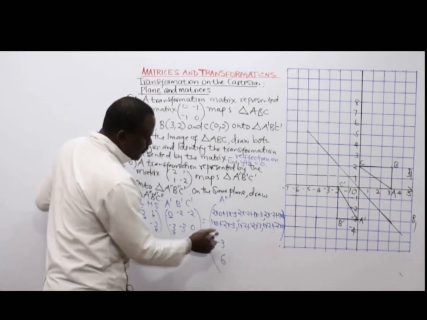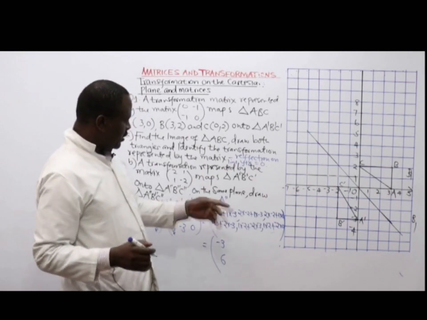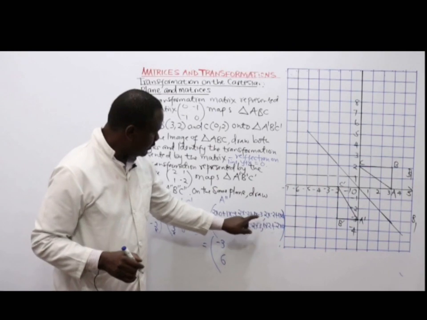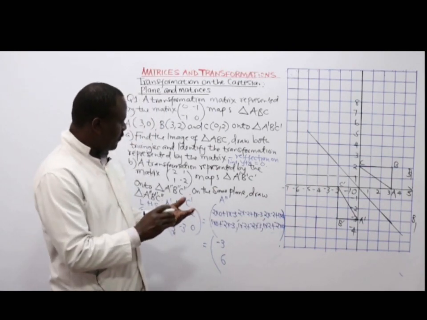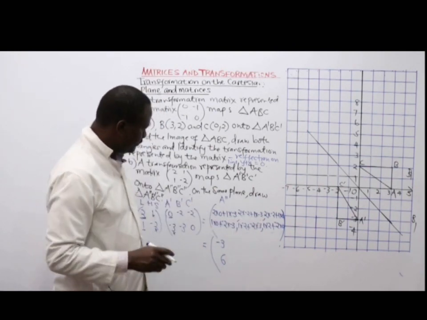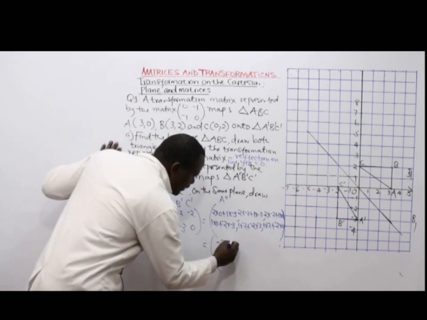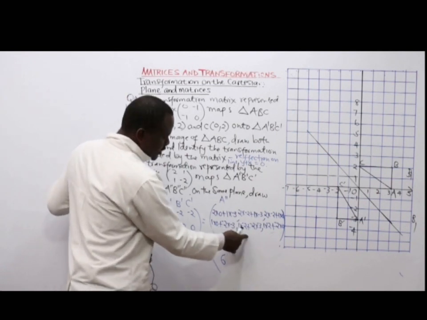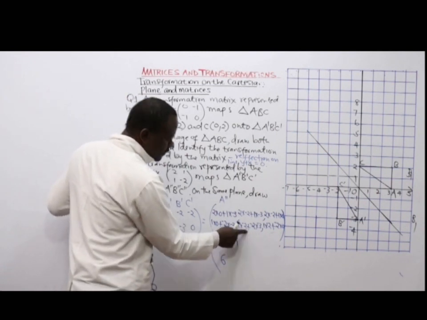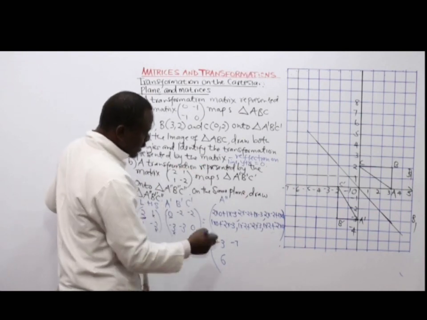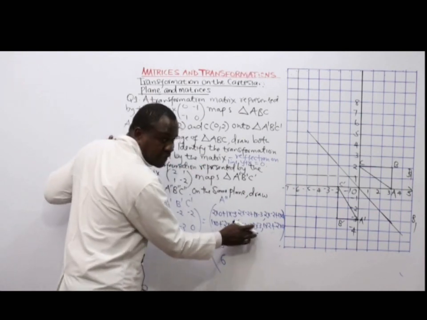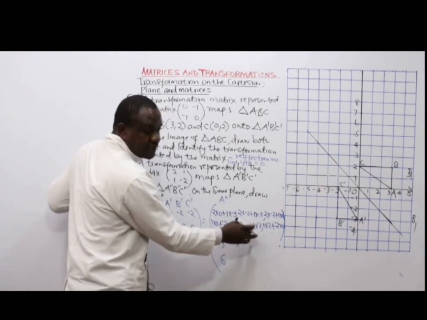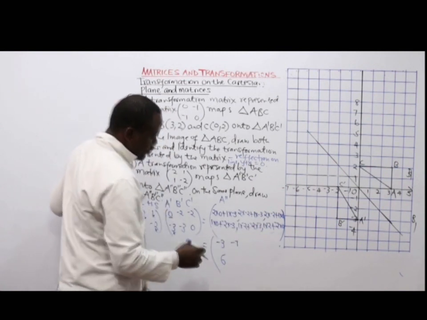We go to B. 2 times negative 2 is negative 4. Negative 4 plus 1 times negative 3 is negative 4 plus negative 3. You get negative 7. You can use the calculator. 1 times negative 2, negative 2. Negative 2 plus negative 2 times negative 3, you get 6. 6 plus negative 2, you get 4.